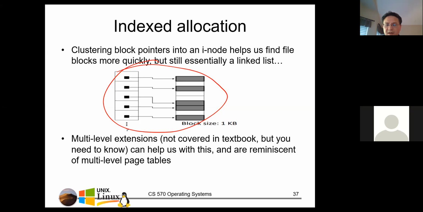You can start with a one level inode, then as the file size grows, you would do multi-level indexing to accommodate the bigger file size. So the multi-level indexing provides that flexibility. I just want to be clear about that.